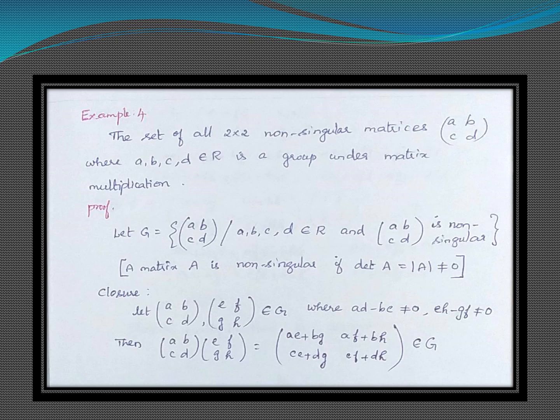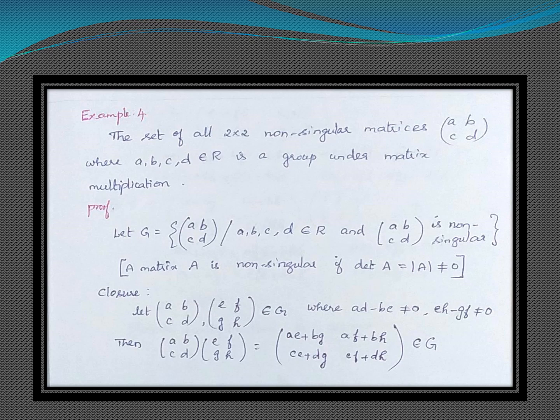That is, if the matrix is A, B, C, D, then its determinant is AD minus BC. Therefore, if AD minus BC is not equal to 0, then the matrix A, B, C, D is non-singular. And the binary operation star becomes matrix multiplication. Now we are going to prove this G is a group under matrix multiplication.